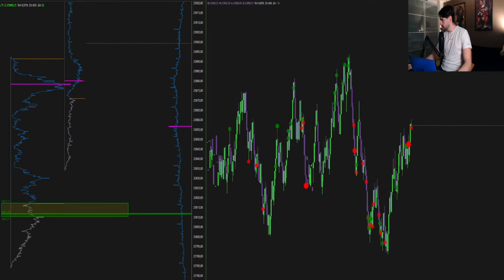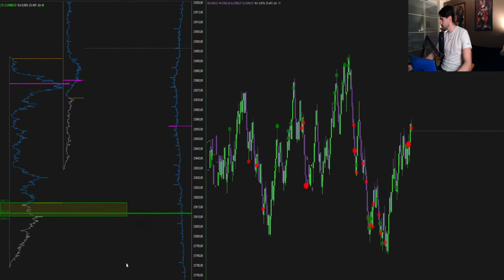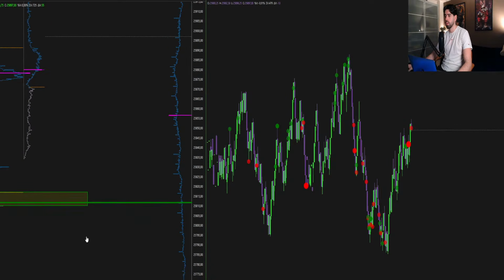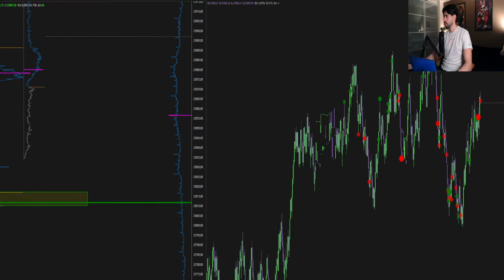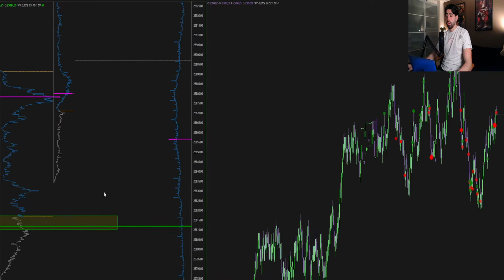What happens at previous day? How did you see some absorption? What happens at previous day high volume node? Previous day high volume node in this area.